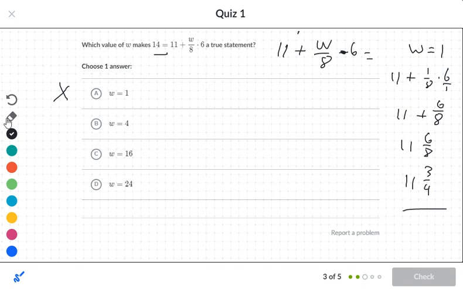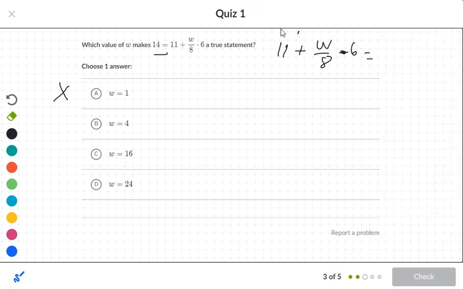So I'm going to go back and erase what I did here, and what I want to do now is I'm going to try W is equal to 4. So this is what I want to use here, W equal to 4. So I'm going to say 11 plus 4 over 8 times 6, and I'm going to write the 6 over 1.